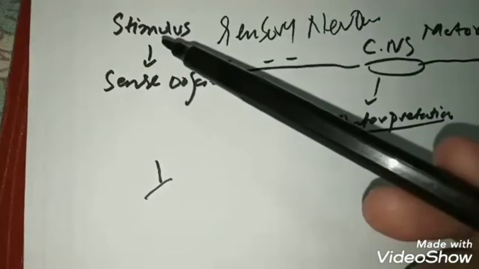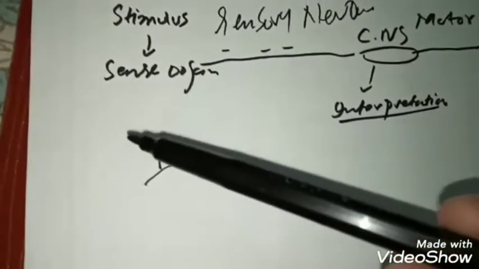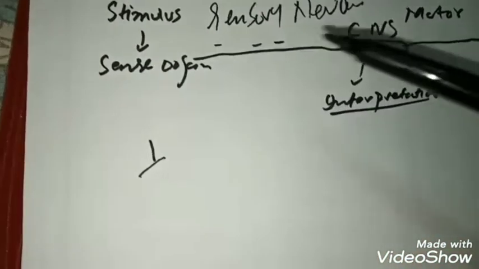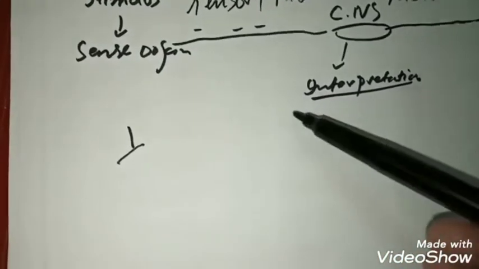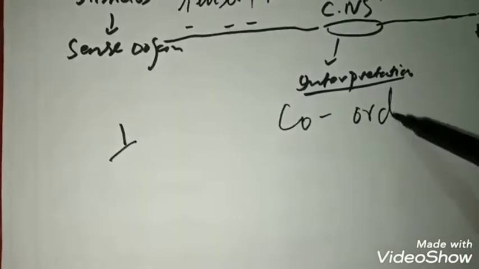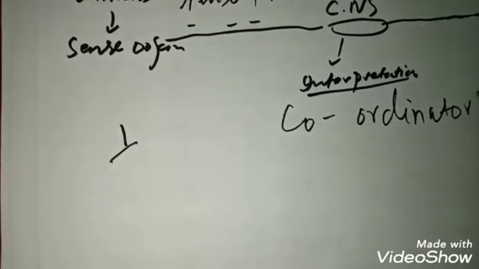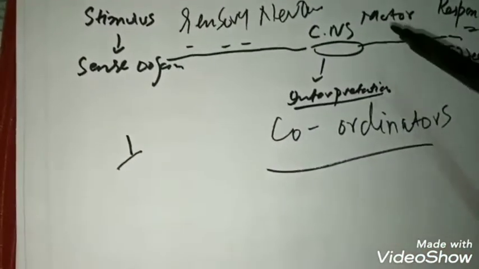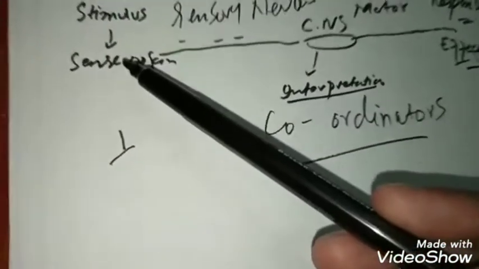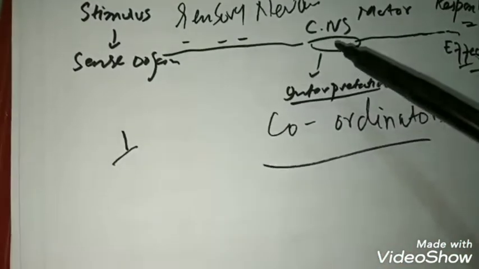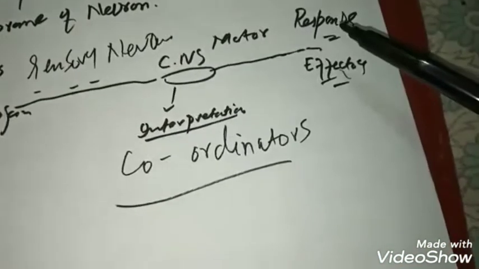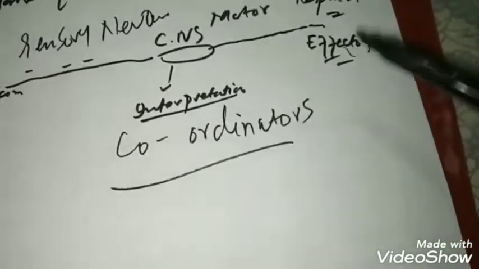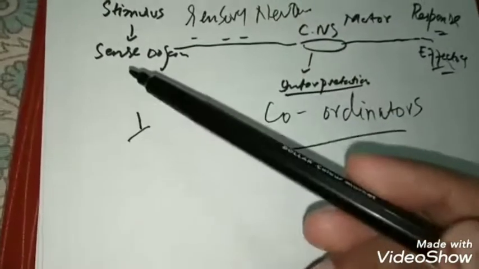A stimulus is the internal or external change, and this forms a component of the working of the nervous system. Stimulus, and the central nervous system, are called coordinators. Neurons, nerves, that are sensory nerves and motor nerves, are another component. Stimulus is a component, sensory nerves and motor nerves is a component, CNS coordinators, and then effectors, and then response. These are the components of the nervous system.